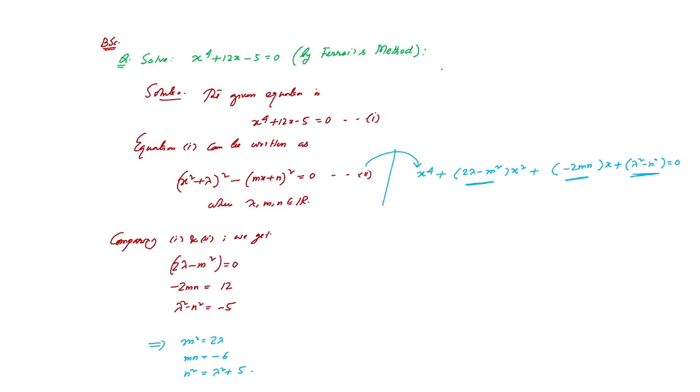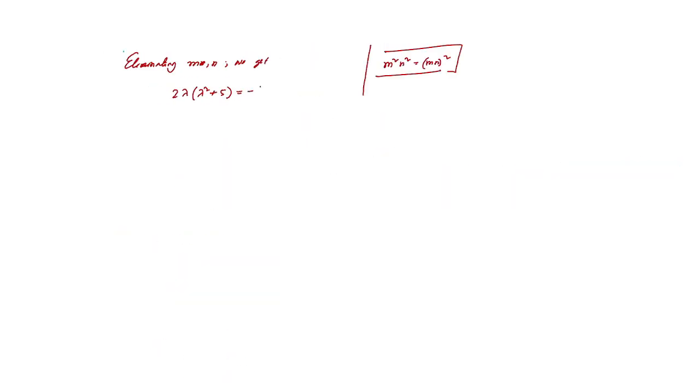So 2 lambda into lambda square plus 5, actually here we are using the relation m square into n square equals mn whole square. And what is mn? This is minus 6, so it will be minus 6 whole square. You will see that there is no m and n, only lambda is present. And from that equation, what will you get?